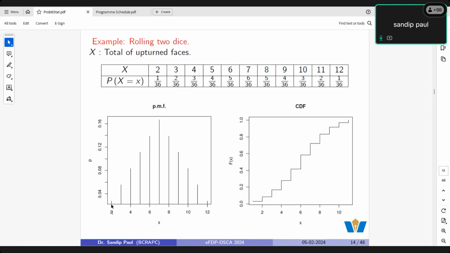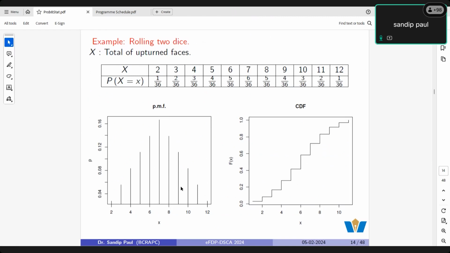The first bar, or the height, denotes the probability. At 3, the probability is 2 by 36. Similarly, at 4 it is 3 by 36. In this way we can draw all the probabilities in a single picture, and it is the PMF of the random variable.